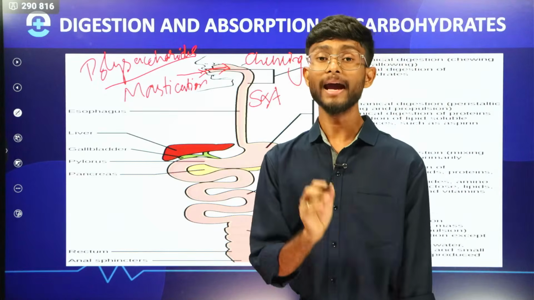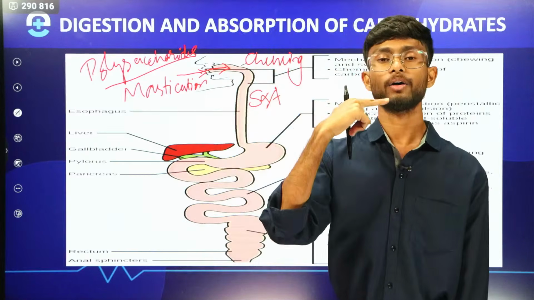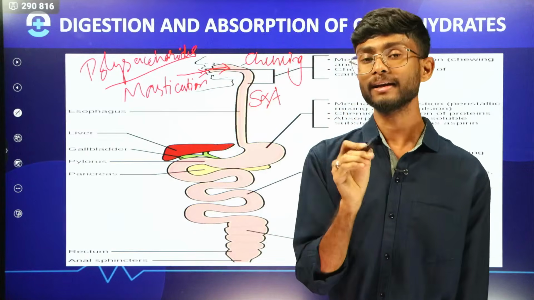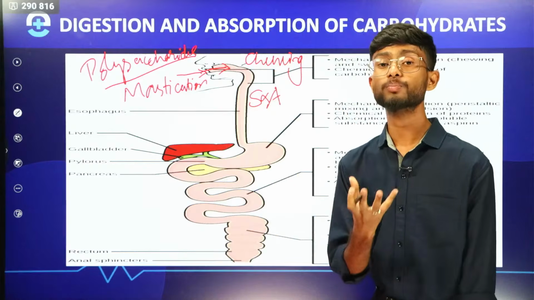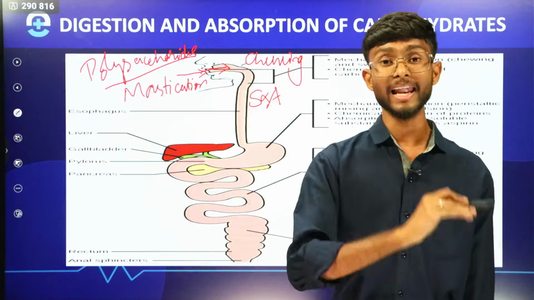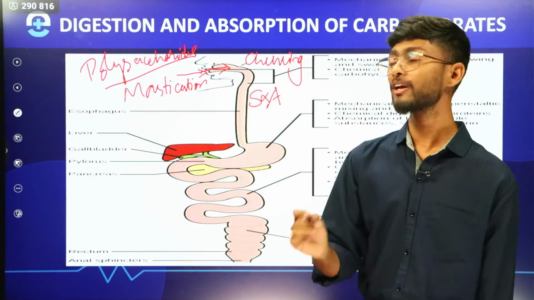There is a salivary gland below the tongue which produces the salivary amylase enzyme.